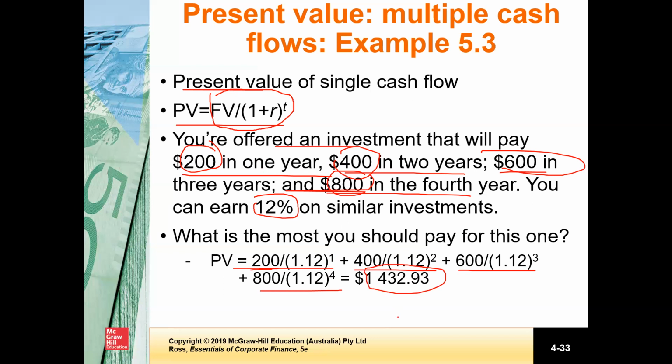So it means that if you are expected to receive these 200, 400, 600, and 800 in the next 4 years, the present value of this cash flow today is 1,432. So that is the maximum amount you should pay now to get these expected cash flows in future. So you will earn a return of 12%.